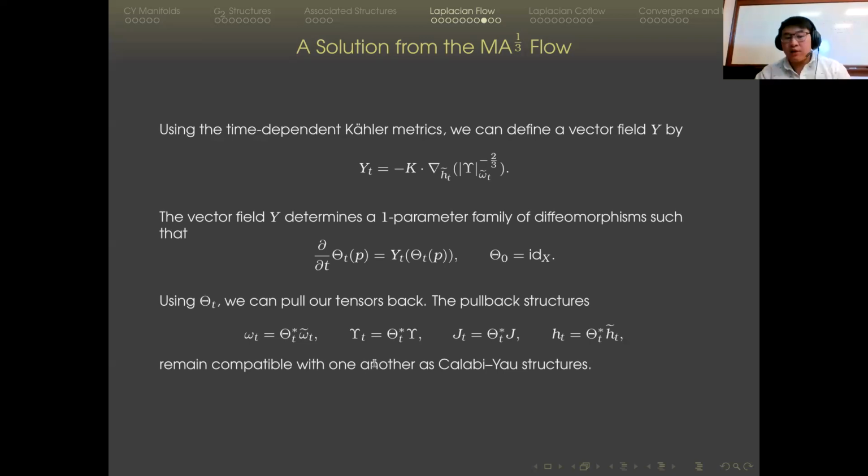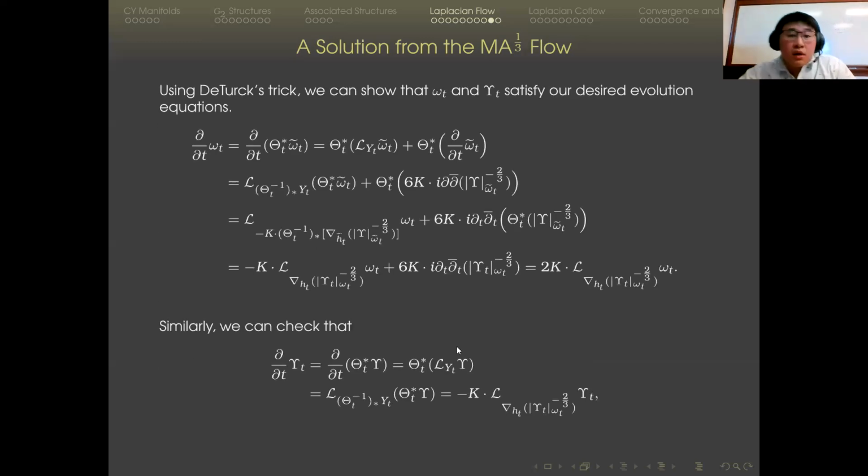We have that omega tilde, upsilon tilde, and J are compatible as Calabi-Yau structures, and then pulling them back, we have that omega t, upsilon t, and Jt are compatible as Calabi-Yau structures. So that satisfies the compatibility problem. Now we just have to make sure that we satisfy the evolution equations that we care about. So using this computational thing in DeTurck's trick, we can actually show that.